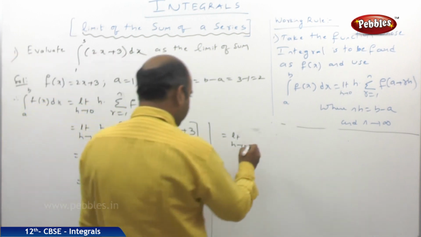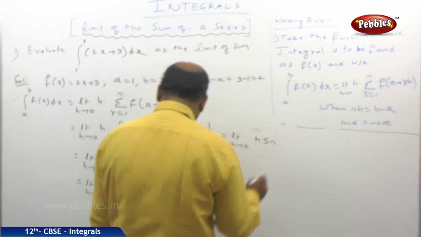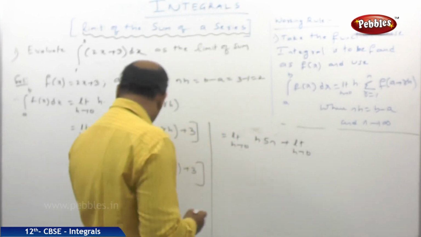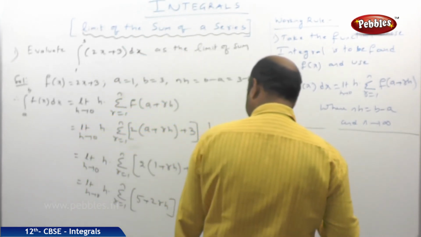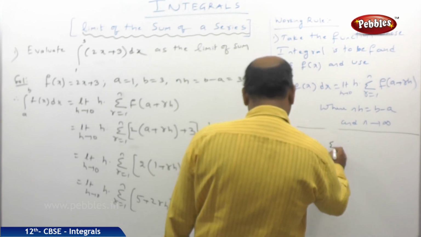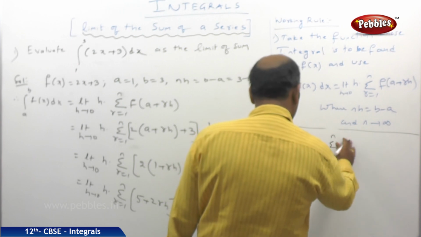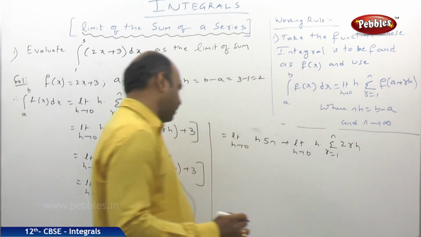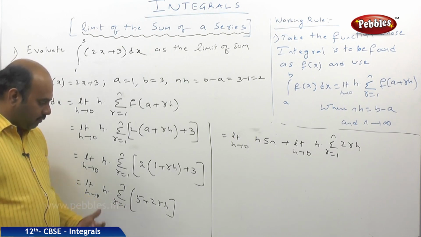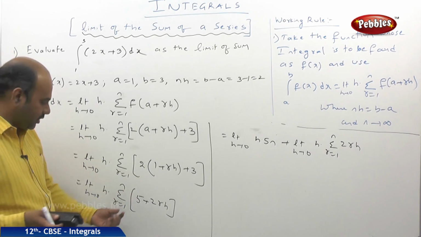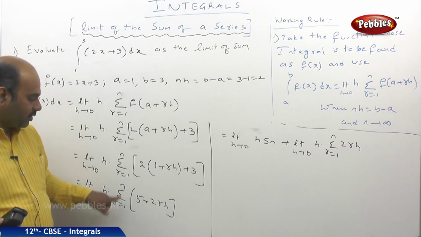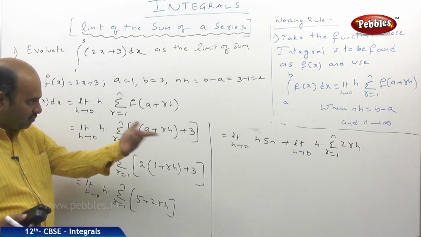So this becomes limit h tends to 0, h into 5n, plus limit h tends to 0, h into summation r equals 1 to n of 2rh. I think you are clear. The one which is outside I have distributed to the things which are inside. That means 5 into the whole thing plus 2rh into the whole thing. But summation r equals 1 to n of 5 means 5n.